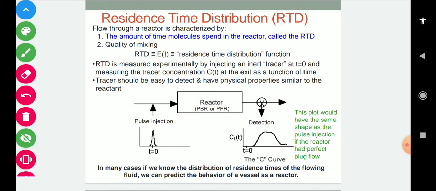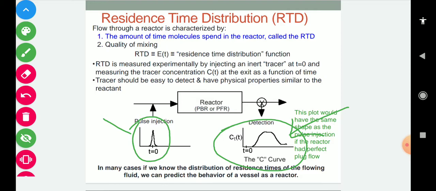But this is a real pulse injection. This is the concentration profile of the pulse at the inlet, and this is the exit concentration, the pulse output. If we have an ideal reactor, there is no intermixing, so whatever curve we get at the entrance, we also get a similar curve at the exit if there is no mixing.